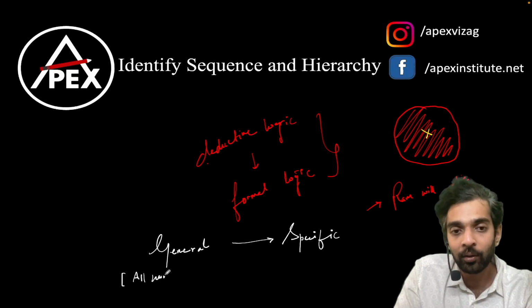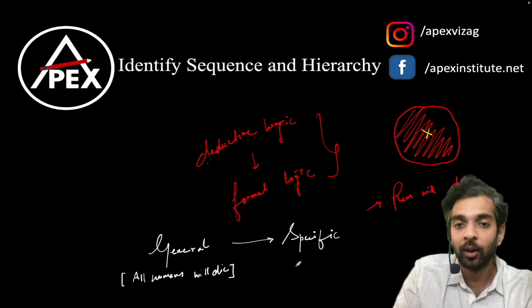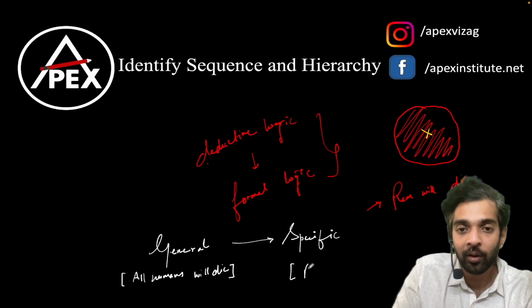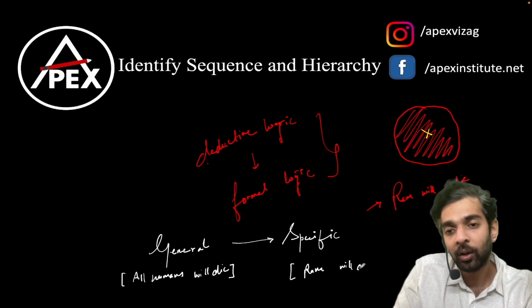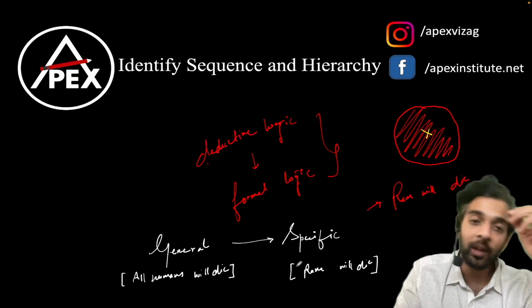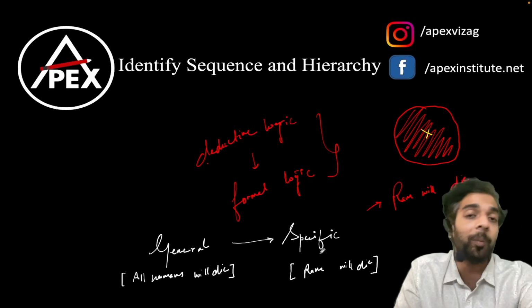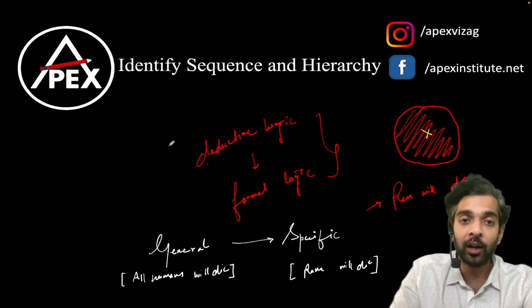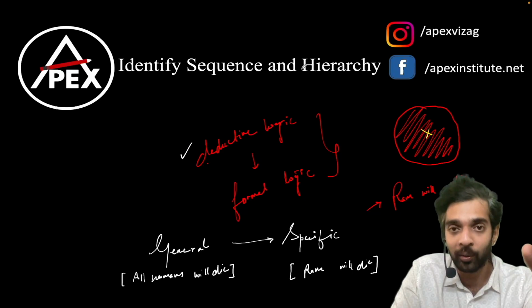All humans will die. Correct? And then I came to the statement Ram will die. So do you see how from one statement we are going to the other statement? This is what you do in your parajumbles as well. So deductive logic works very simply when you are looking at your sequence and hierarchy.